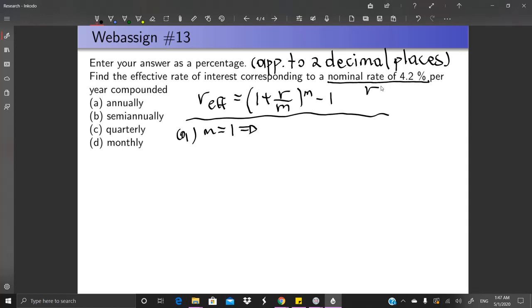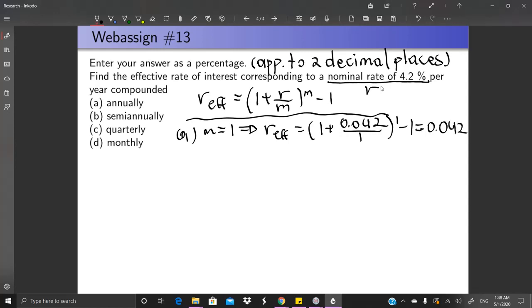Which means that R effective is equal to 1 plus, now r, so 4.2% as a decimal, 0.042, divided by m, which is 1, to the power of 1, minus 1. And when you do this, you end up with exactly what you started with, 0.042.